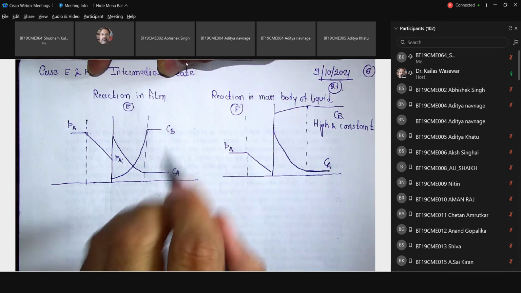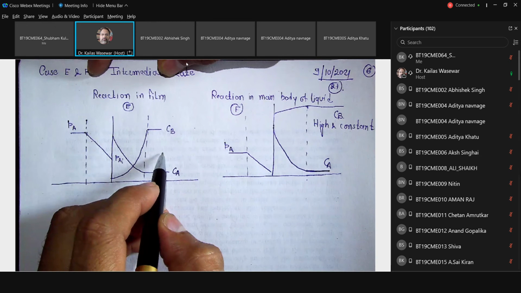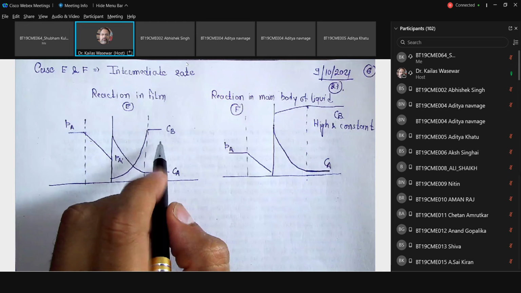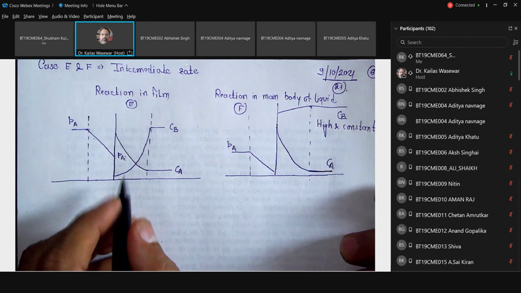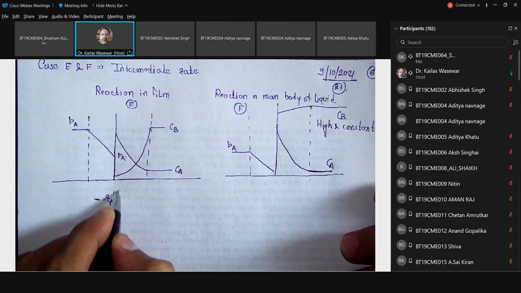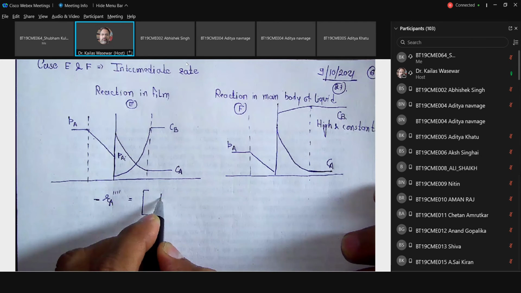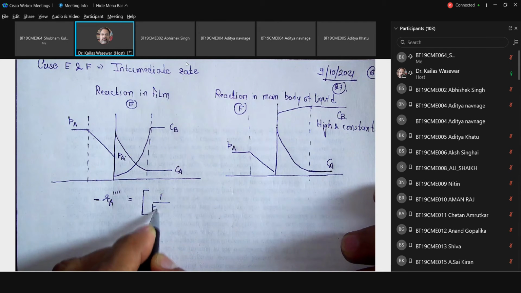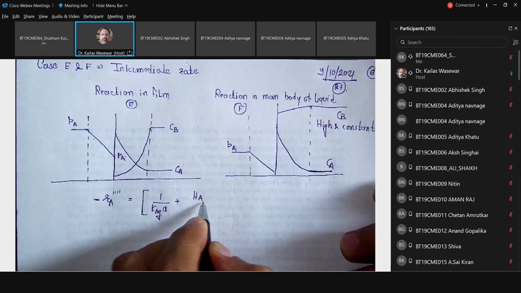In this case all resistances are significant and may be contributing sufficiently to find out the overall rate expression. None of the terms can be neglected. You cannot neglect any of the resistances here.